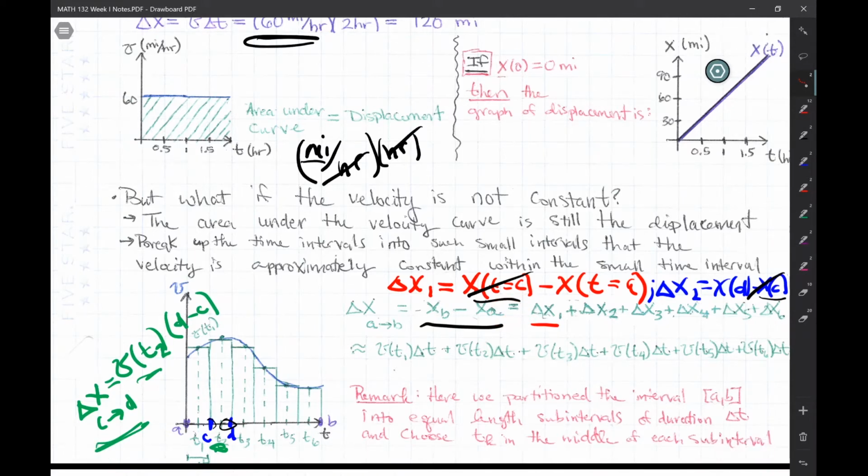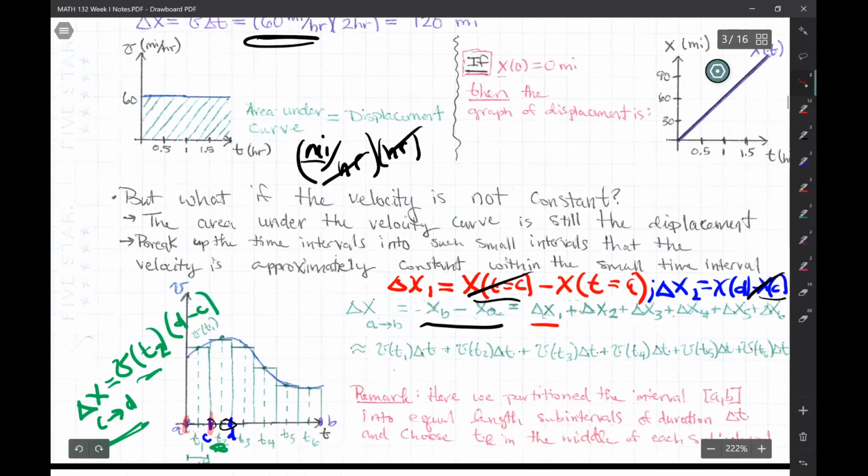Where does the approximation slip in? It slips in here. It's by saying that this displacement from time equals a to time equals c is approximately equal to the velocity at this special time. We just decided to take the midpoint between a and c, but we could have chosen any velocity within that subinterval. And we're going to multiply by delta t. And what is delta t?